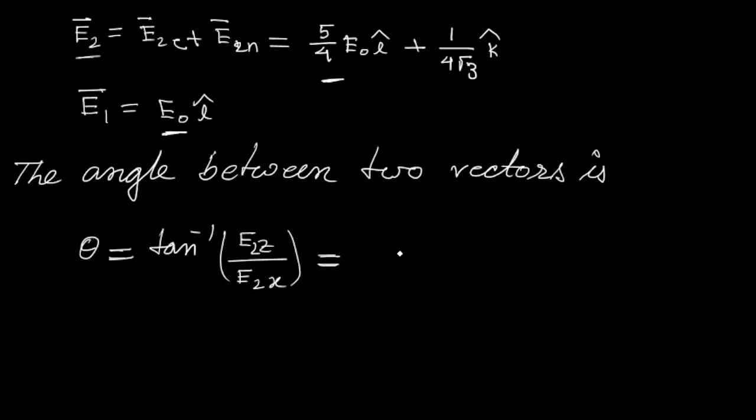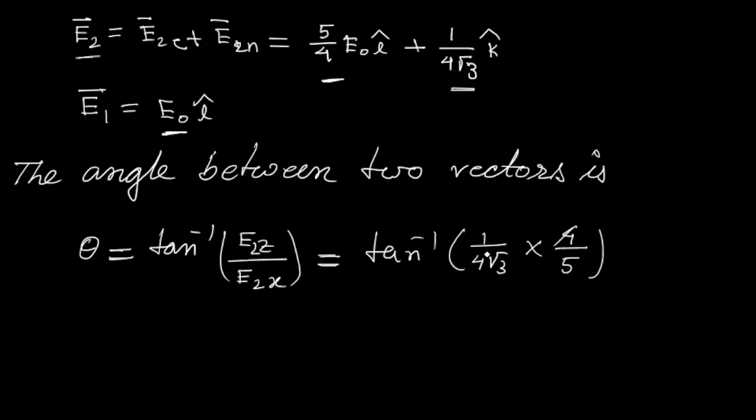When you write this here, we get tan inverse of the z component of E2, which is 1 by 4 root 3, divided by the x component, 5 by 4. So you can write it this way, 4 divided by 5.